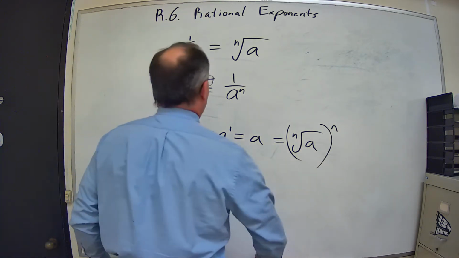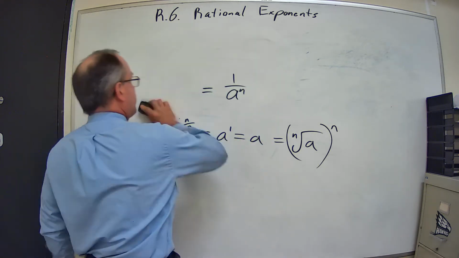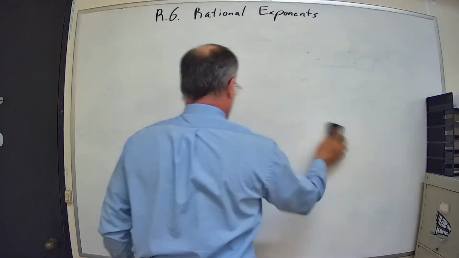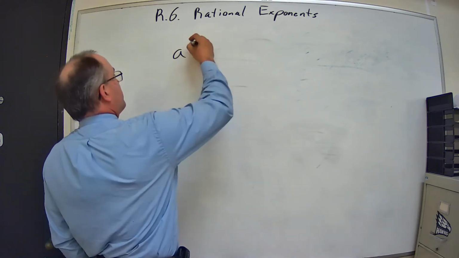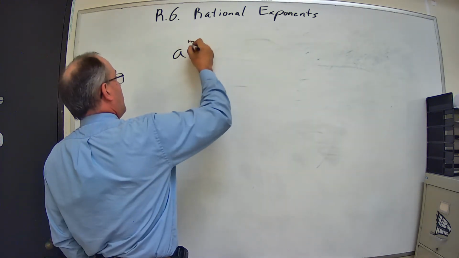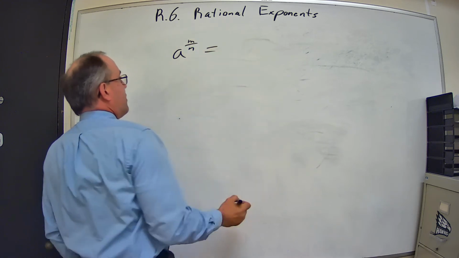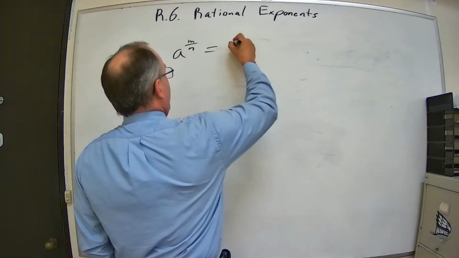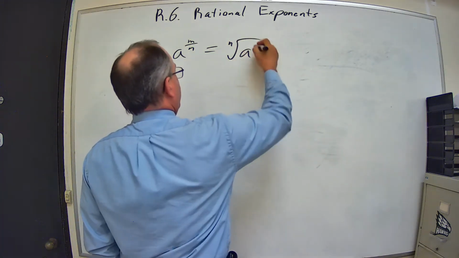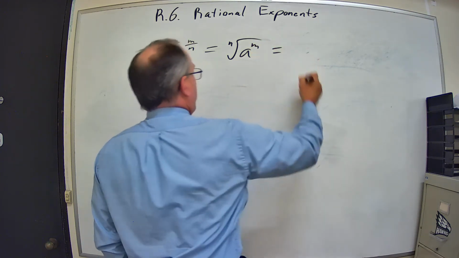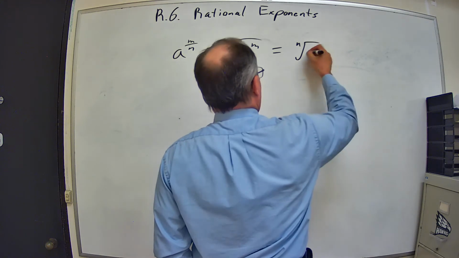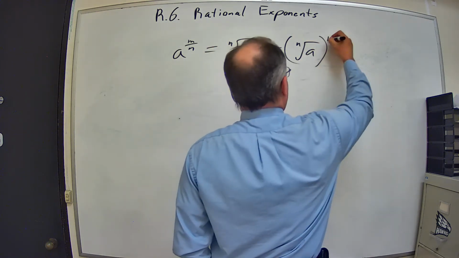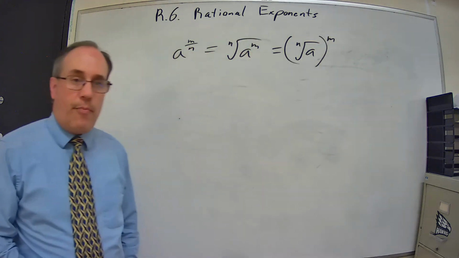So that leads to our next one, which is that a to the m over n is equal to the nth root of a to the m, which is equal to the nth root of a raised to the m.